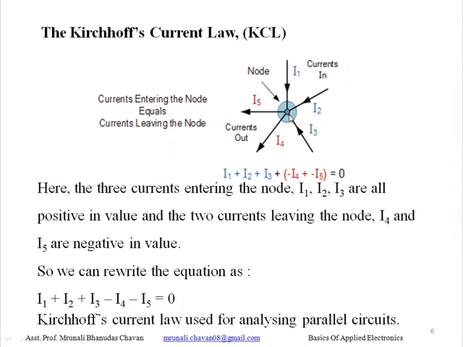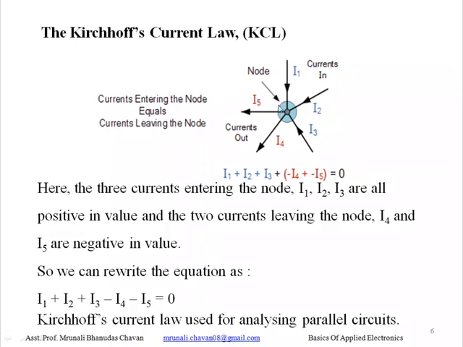This is the node where currents are entering and leaving. The arrows pointed towards the node are known as current entering, that is current in, and the arrows pointed outward from the node are called current leaving the node, that is current out.